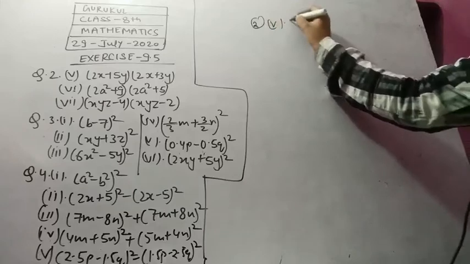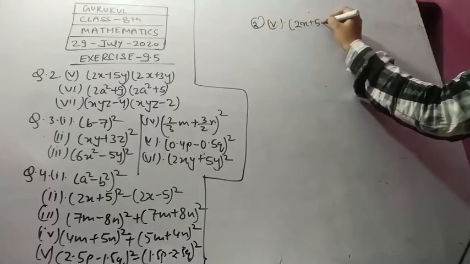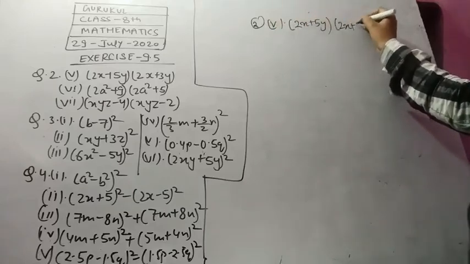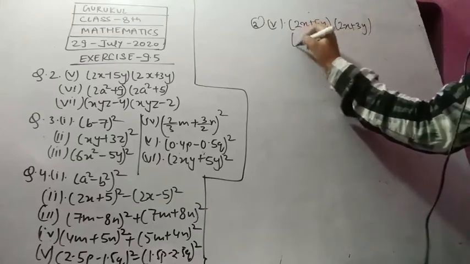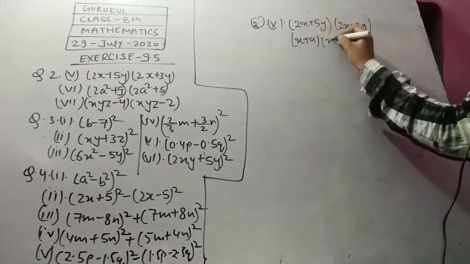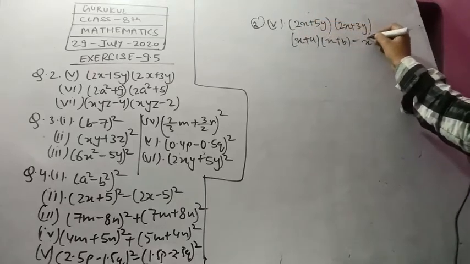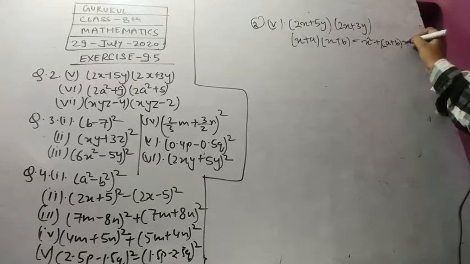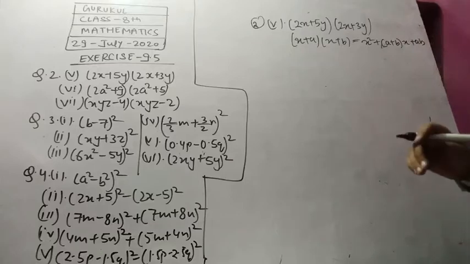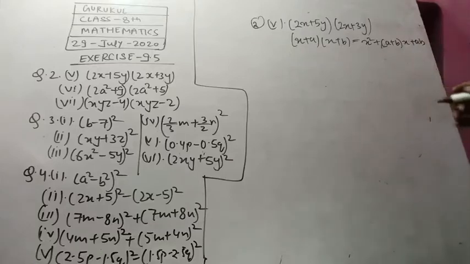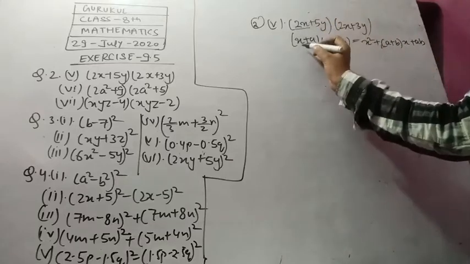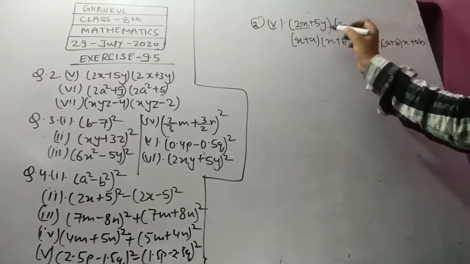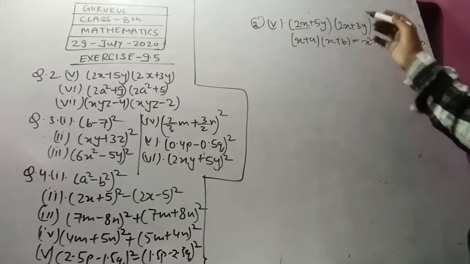So (2x + 5y)(2x + 3y). One identity was there, if you remember: (x + a)(x + b) = x² + (a + b)x + ab. By using this, x is replaced by 2x, a is replaced by 5y, and b is replaced by 3y.